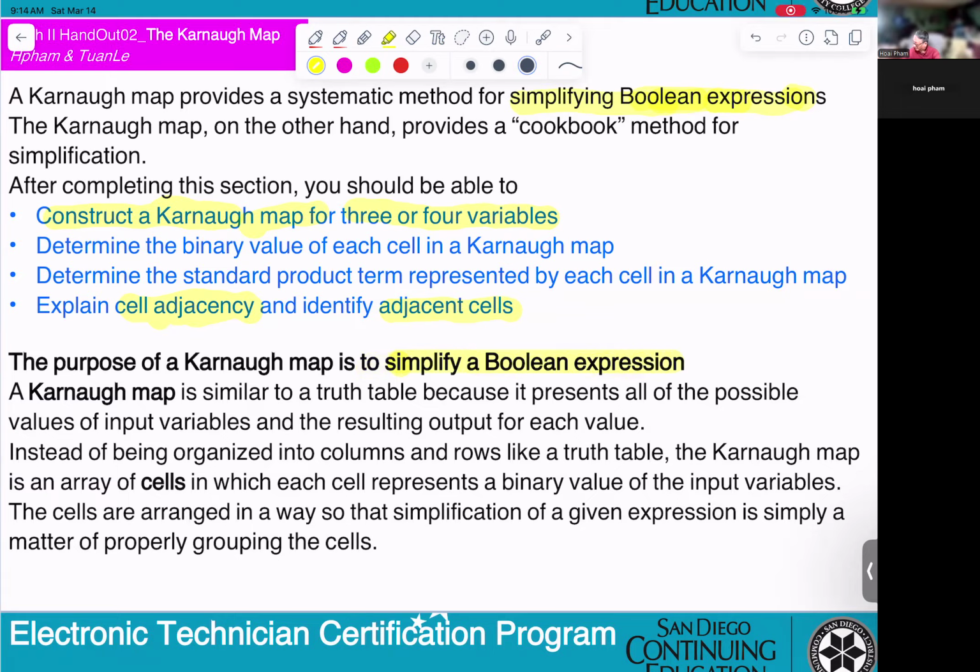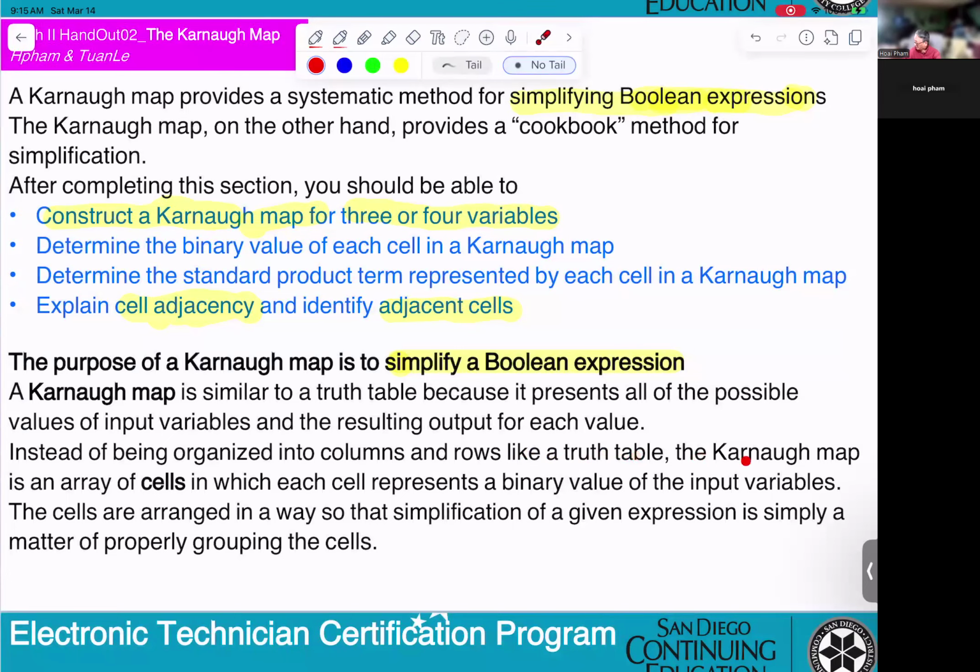Boolean expressions. A Karnaugh map is similar to the truth table because it represents all of the possible values of input variables and the resulting output for each value, instead of being organized into columns and rows like a truth table.